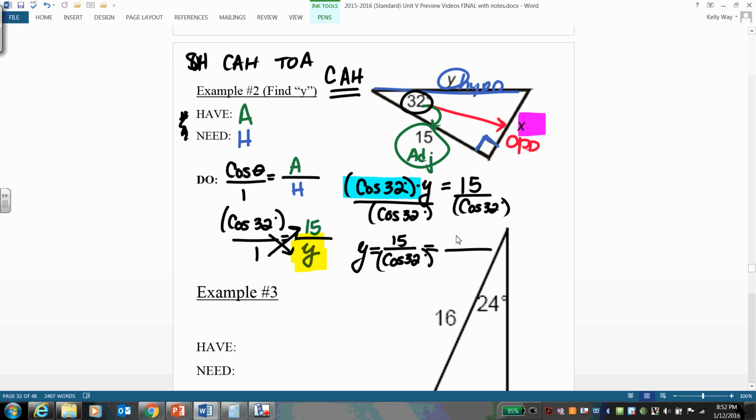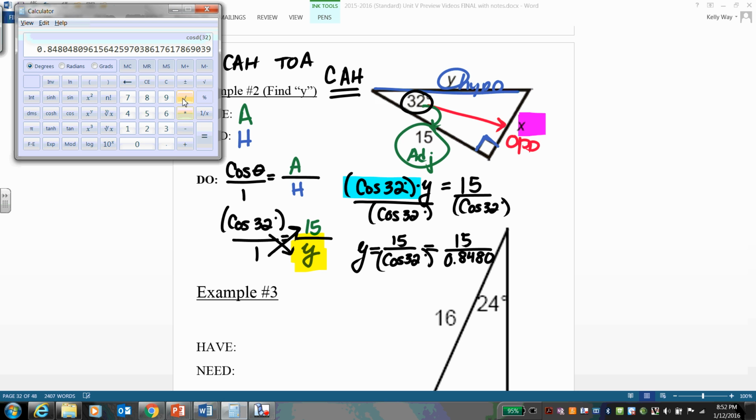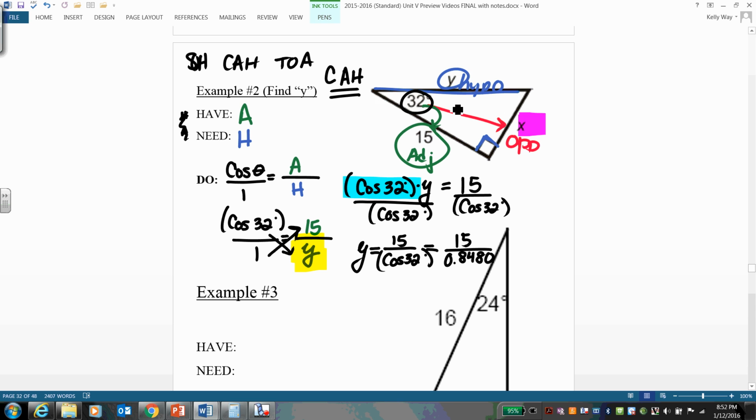So it's going to be 15 divided by 0.8480. Take it to the second decimal place, so 17.67 is my answer here for y. 17.67. Hopefully you're starting to see a pattern here.